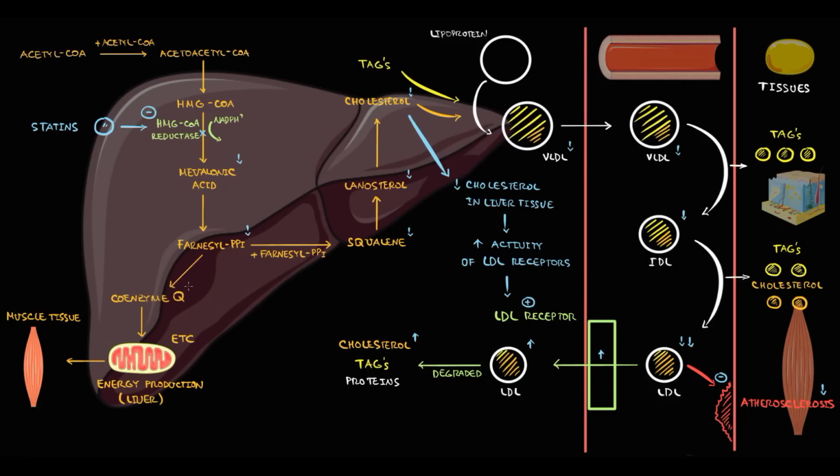As we see, with inhibition of HMG-CoA reductase, the production of all intermediate metabolites in cholesterol synthesis decreases, and one of such metabolites is farnesyl pyrophosphate. The problem is that with decrease in farnesyl pyrophosphate, the production of coenzyme Q decreases, and because coenzyme Q is essential element in electron transport chain, decrease in coenzyme Q production leads to mitochondrial dysfunction.